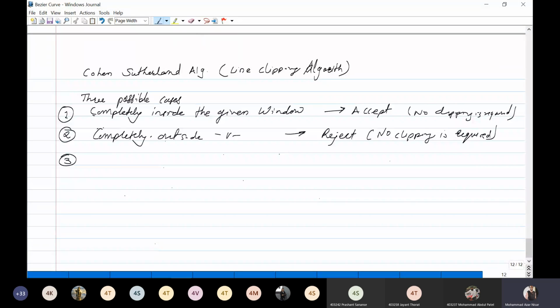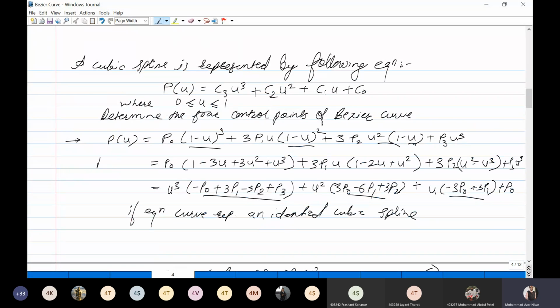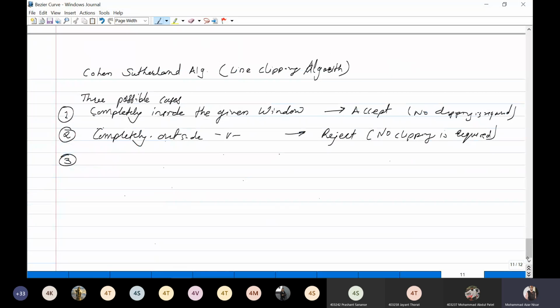In the third case, when the line is partially inside the window, first we require clipping.